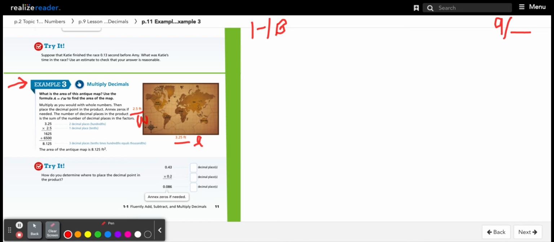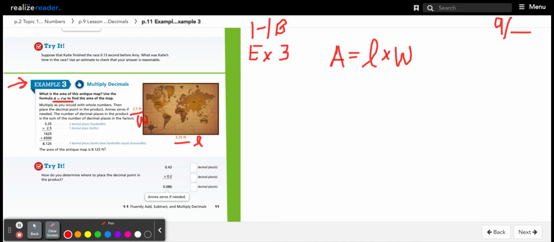So in our notebook, let's write, this is example 3. And we have to start by using the area formula that they gave us. Area equals length times width. Okay, so now I'm going to plug in the numbers that I know into this formula.